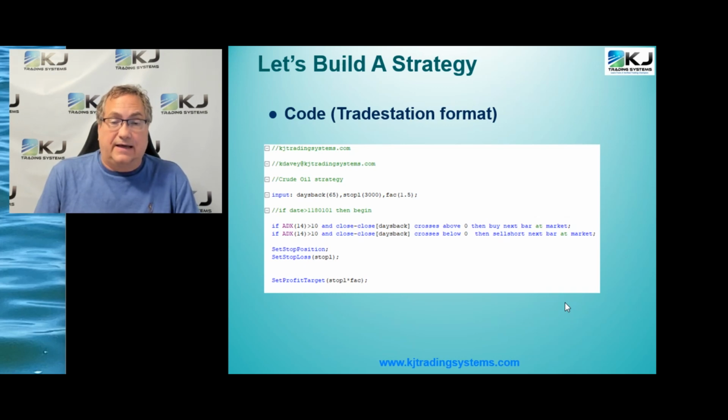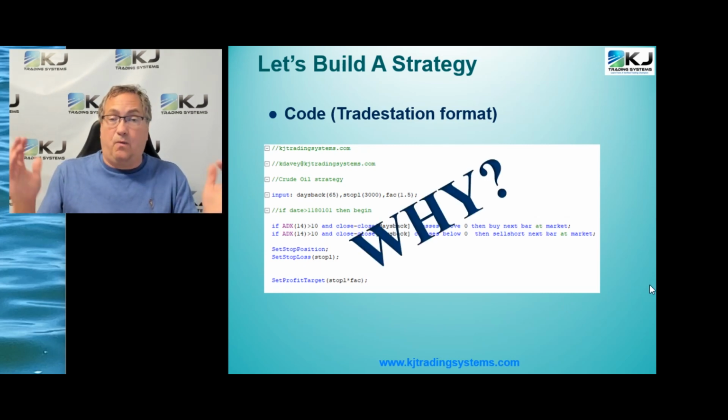So if we take a look at this, here's the code. It just says if the ADX is above a certain number and the momentum is going up and it crosses above 0, then we buy. Opposite to sell short, we have a stop loss, we have a profit target. Pretty simple.